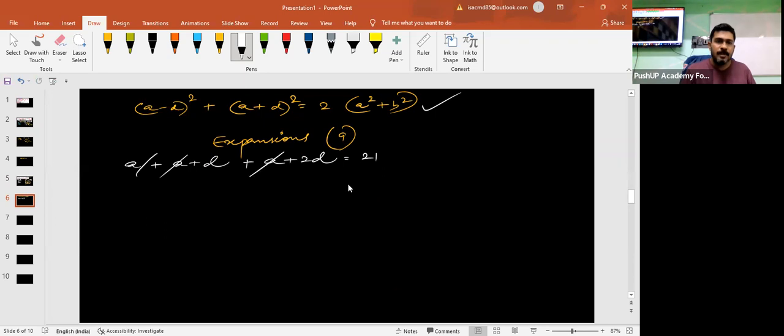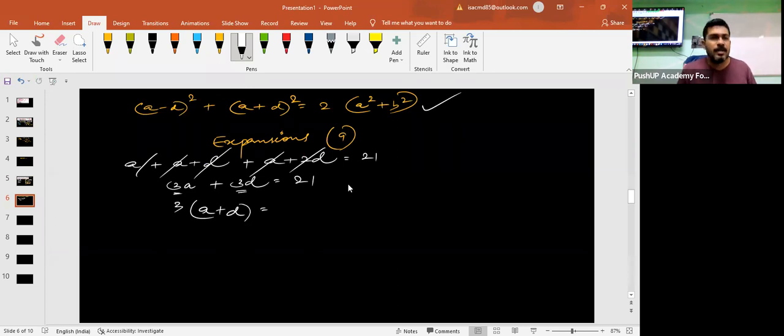a plus a plus a will be 3a, d plus 2d will be 3d, which is equal to 21. Now, from both these terms, 3 can be taken out as common factor. So I'll be getting 3 into (a plus d) is equal to 21.